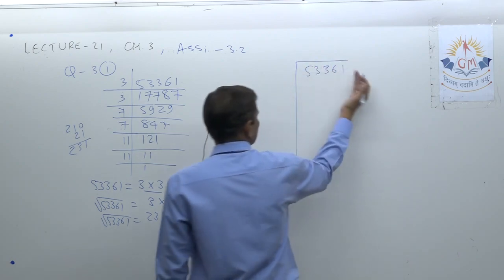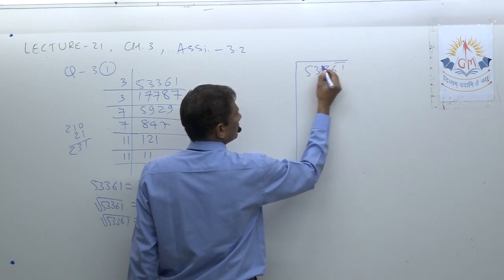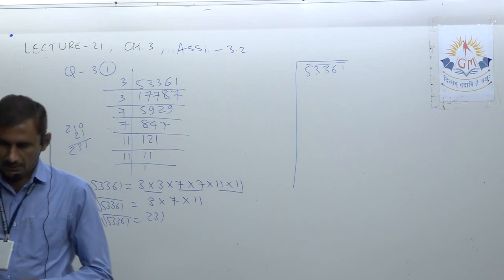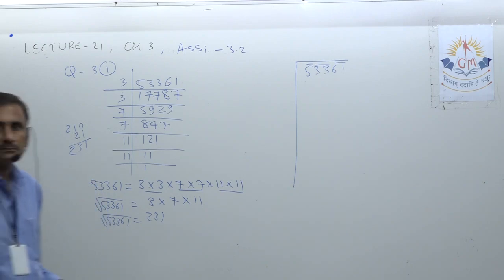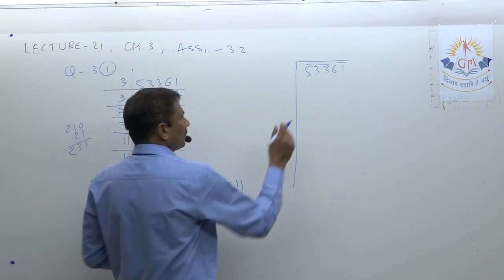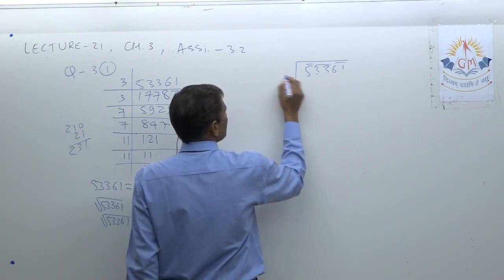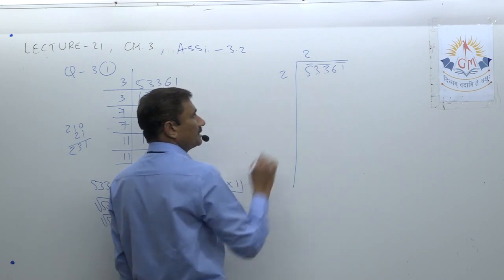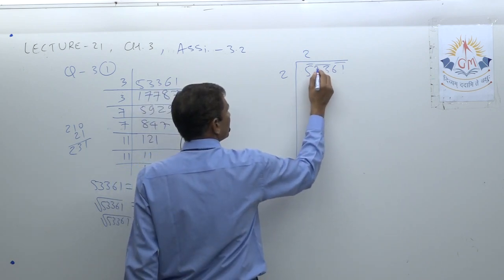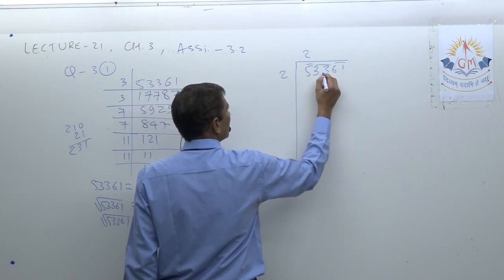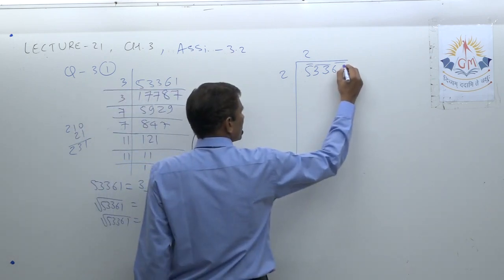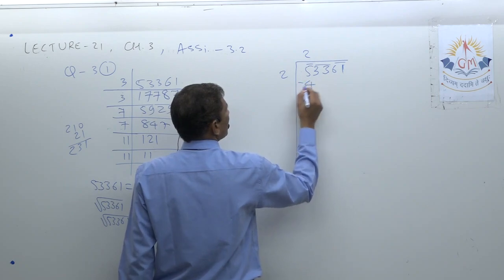Make pairs from the last only, from here only. So 2, then 2, then only 1 left. First of all, 2 2s are 4. For the first pair only, you just consider how much it is. So 2 2s are 4, 1 left.